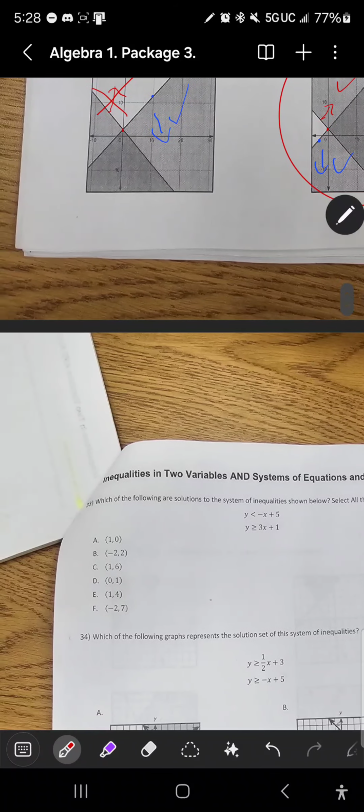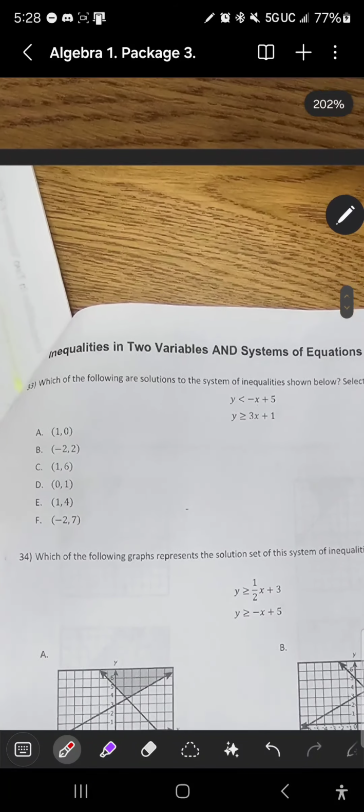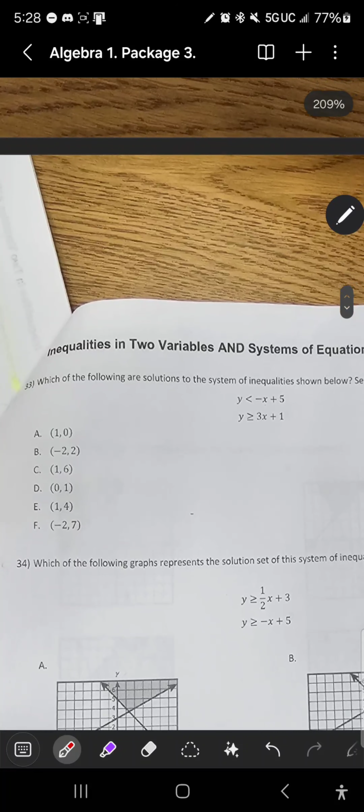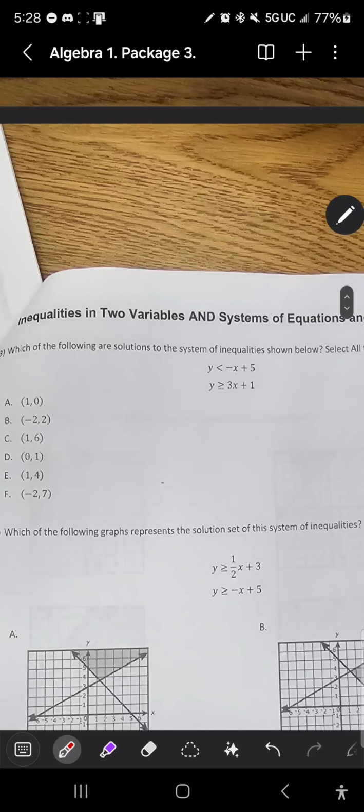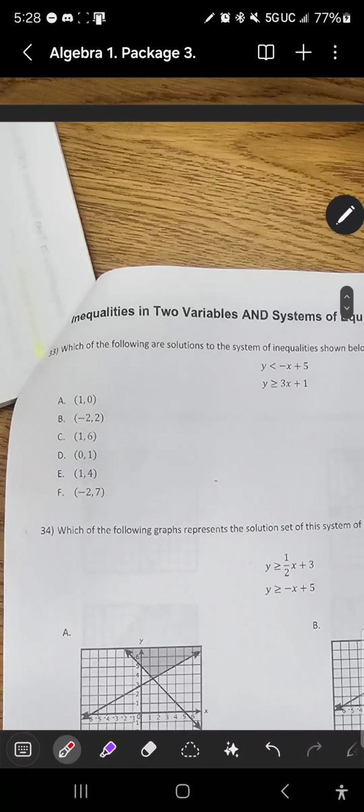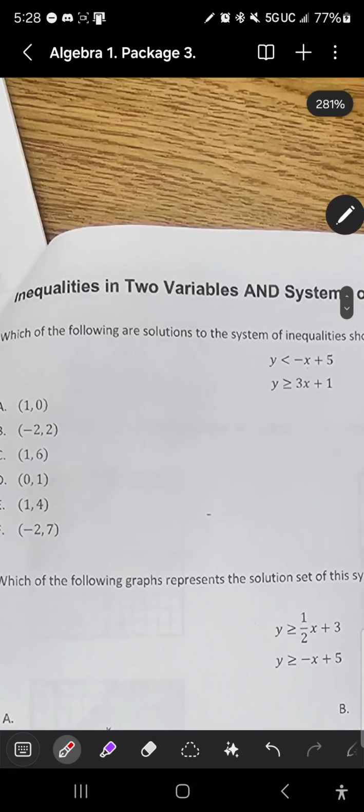Now let's see. Which of the following are solutions to the system of inequalities shown below? This is just the same as we did on number 31. We're gonna use the equations. This is x comma y.